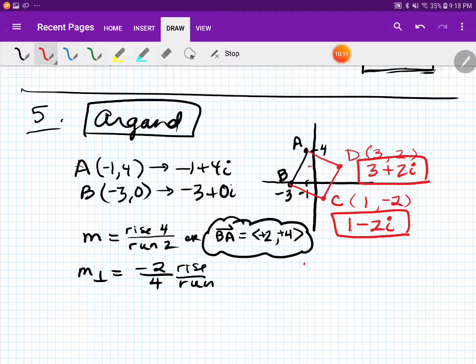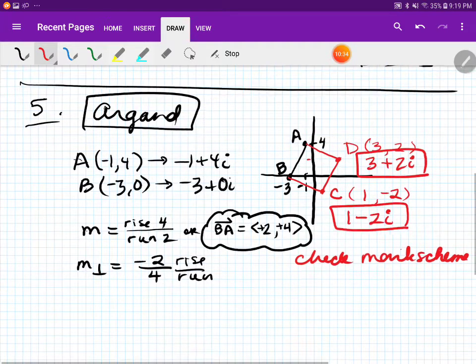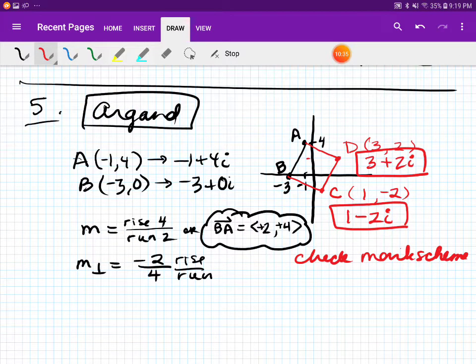It'd be interesting to check the mark scheme to see if I got all the points doing it this way, because I can imagine equations if I wasn't on graph paper. But I feel like I kept the lengths the same. Pythagorean theorem, these lengths are the same, 2 and 4 on each side.